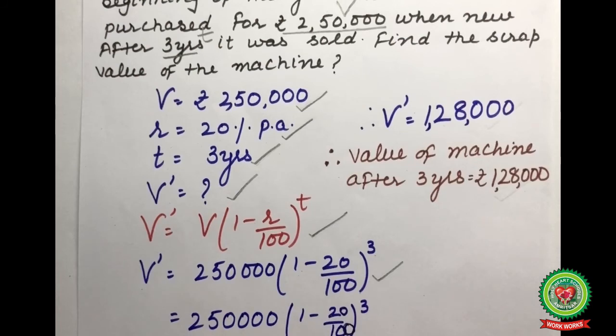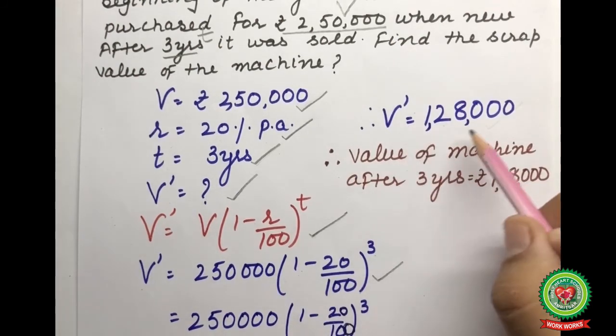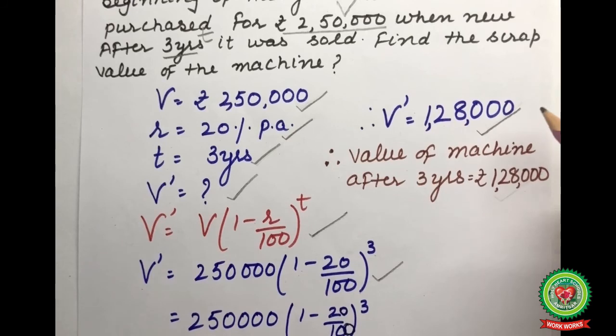So on multiplying, we get V dash is equal to 1,28,000. So therefore, the value of machine after 3 years is equal to rupees 1,28,000. Now students, you have got one worksheet in your SNAP homework based on these sums.